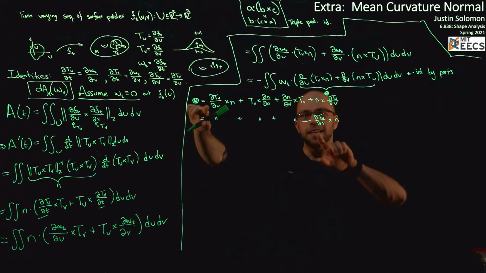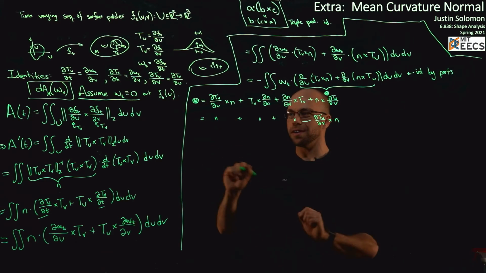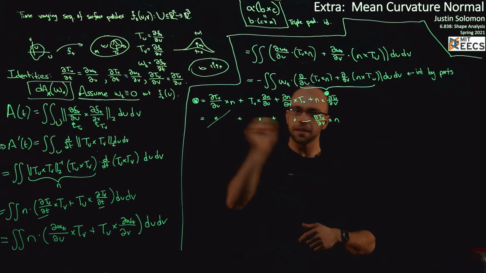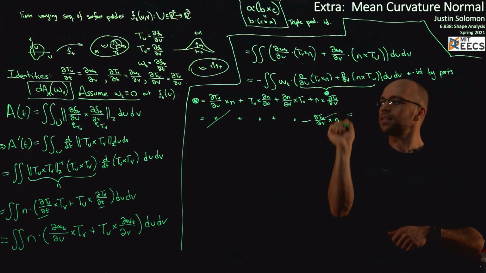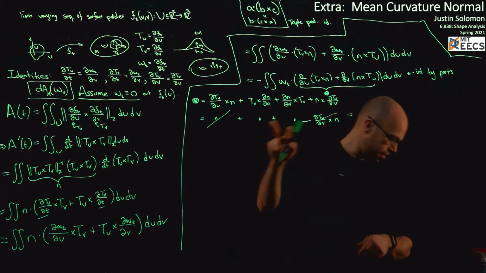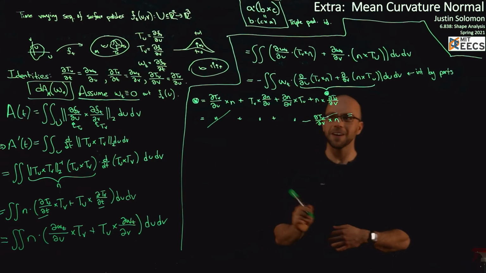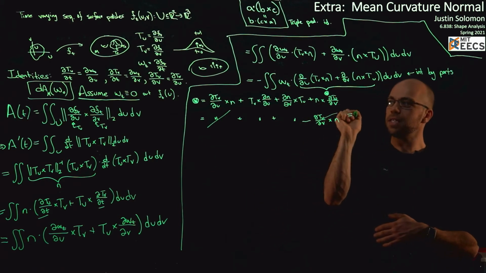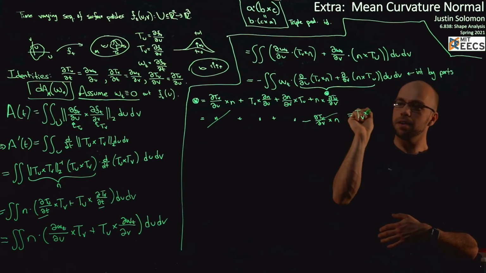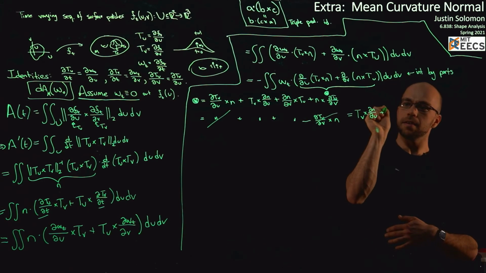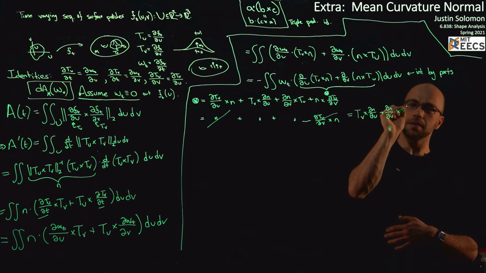So in fact, these two derivatives are equal to one another, meaning that they cancel. So in other words, that starred expression is just equal to the sum of the two middle terms. Okay, it's just equal to tv cross product dn/du plus dn/dv cross product tu.